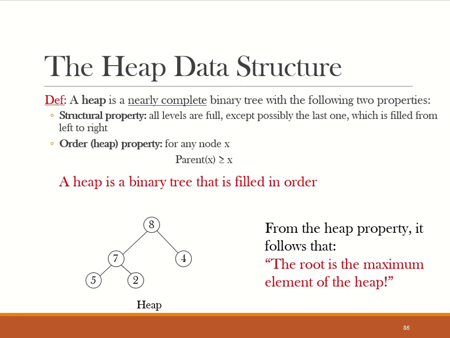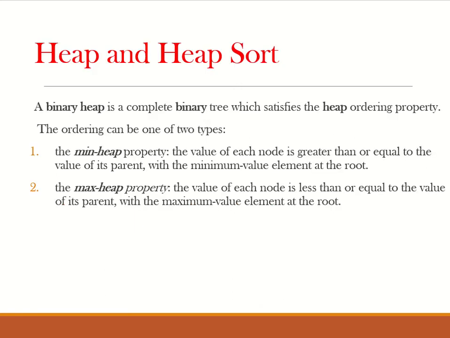We'll proceed further. This is talking about the minimum heap and maximum heap. We call minimum heap as min heap and maximum heap as max heap. In the case of min heap, the minimum valued element will be in the root node. In the case of max heap, the maximum valued element will be in the root node.